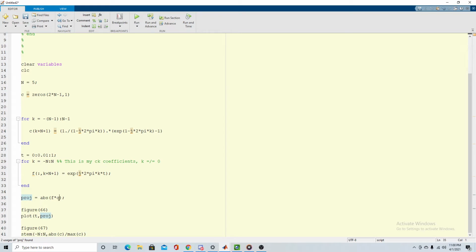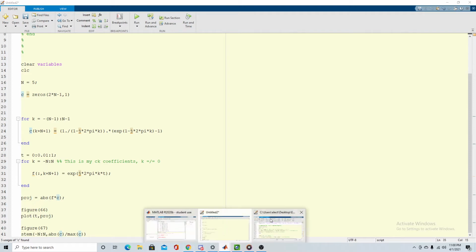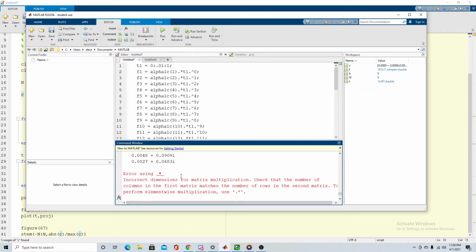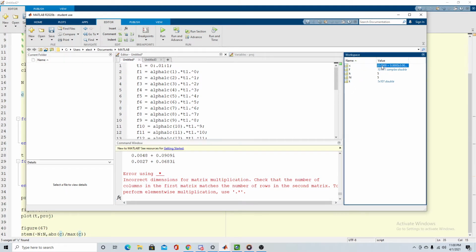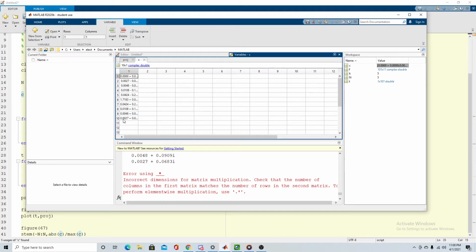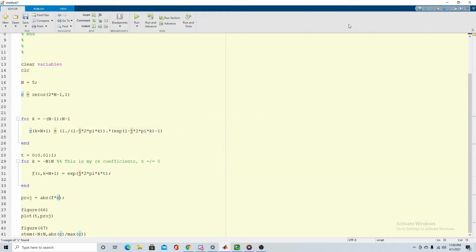It doesn't like this. Let's look at the other warnings. Error using this. You're seeing what I'm seeing, right? Ah, that's because this is 1 by 10. There we go.